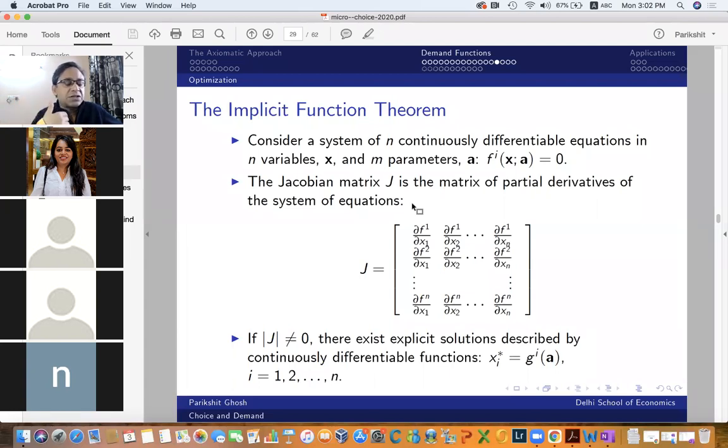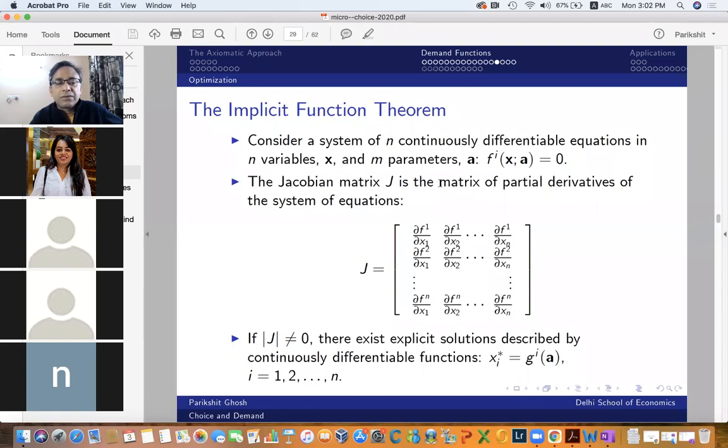What happens to the demand for clothing and so on? So we are constantly starting from a system of equations and then doing some comparative statics exercise, meaning we shift some parameter and then ask how the endogenous variables shift in response to that.